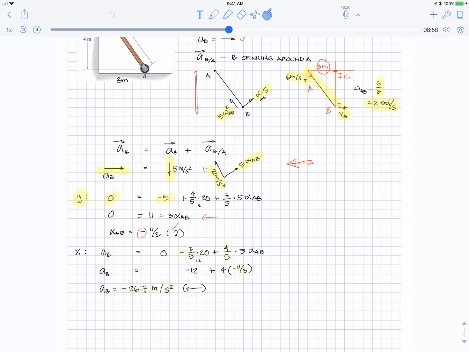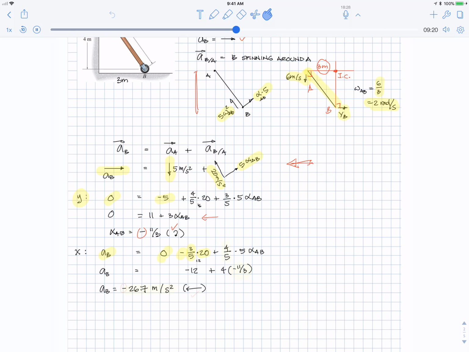So now I'm going to take the x components. So the x component on the left-hand side is just a B. It's horizontal. There's no x component of that. So the 20 meters per second squared is going to the left with an x component of 3/5, so 3/5 times 20, which is 12, with a negative sign going to the left.